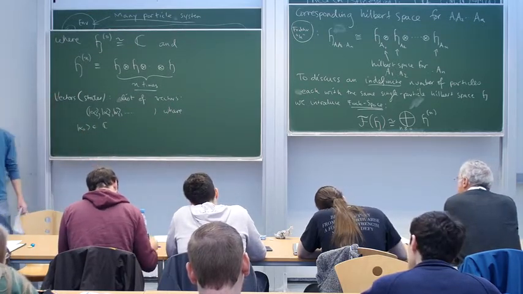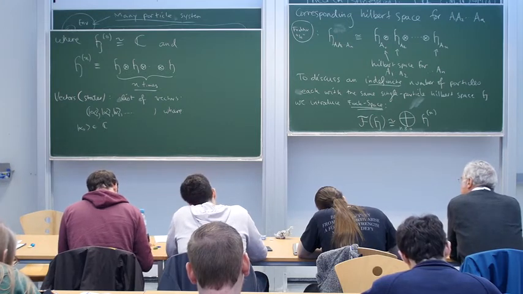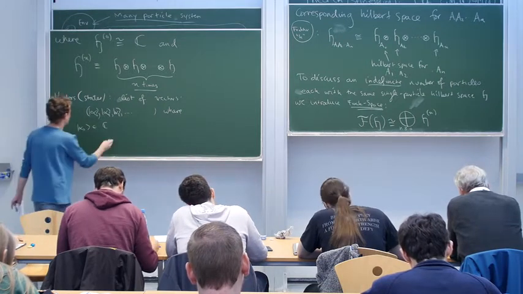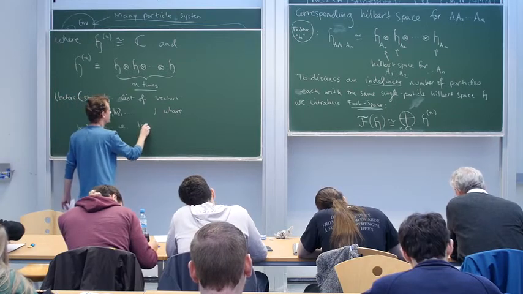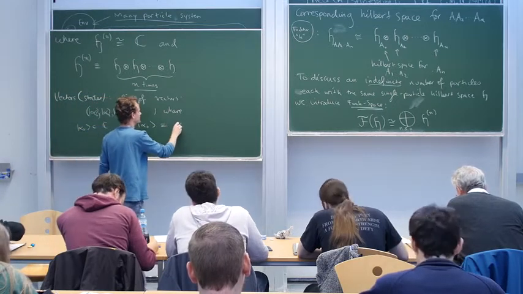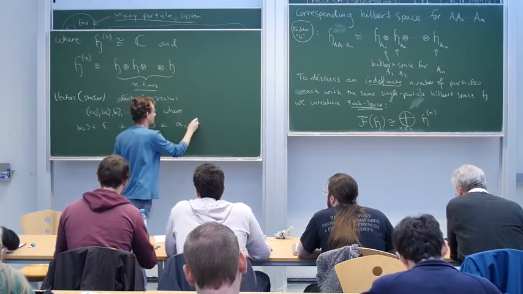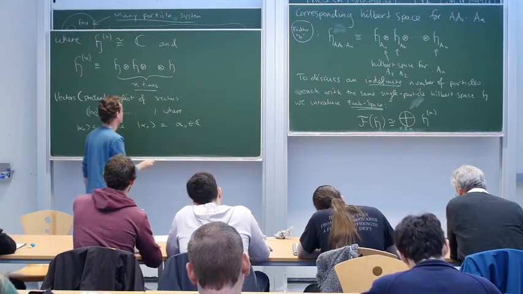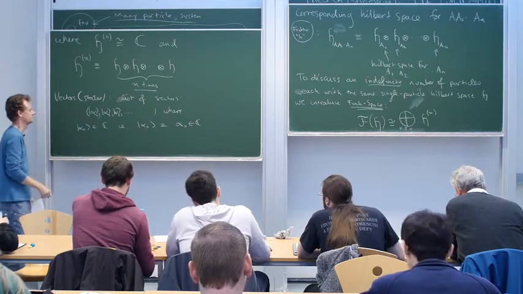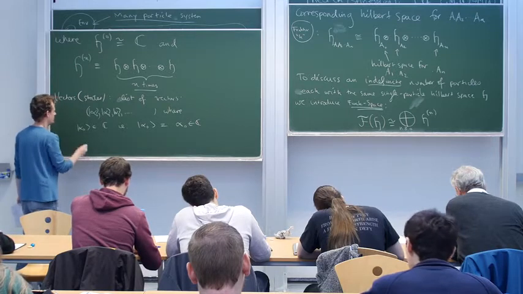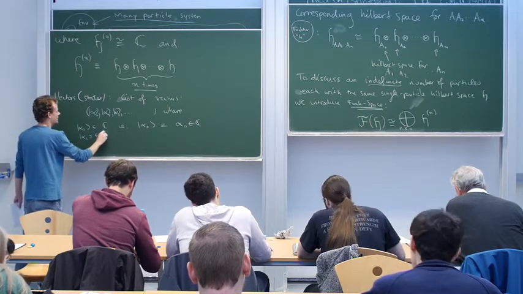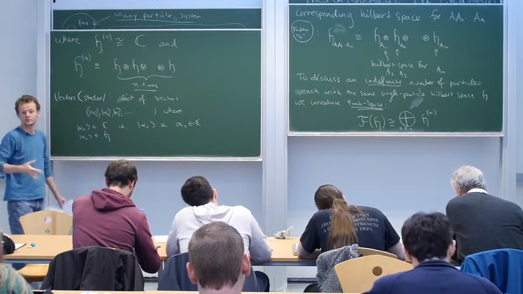So alpha naught is a state in H naught, which is just the complex numbers, so alpha naught is really just some complex number. Alpha 1 is some element of H, so it's some vector.